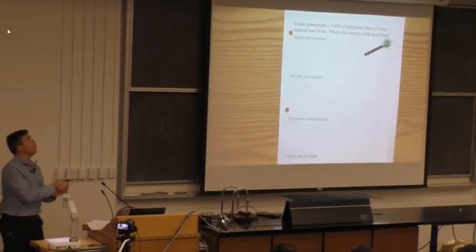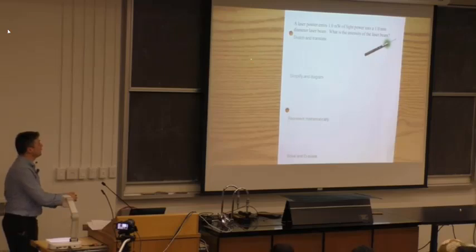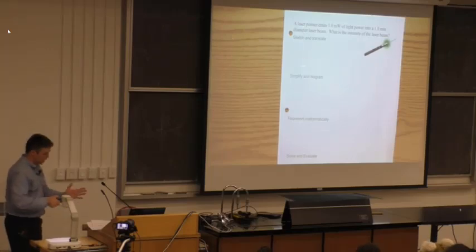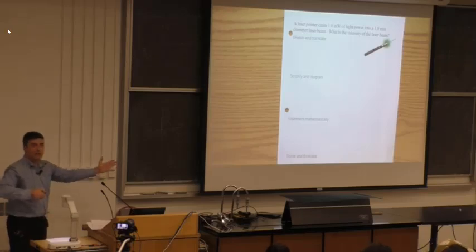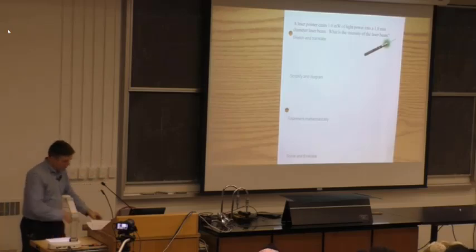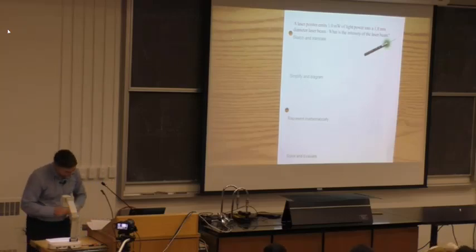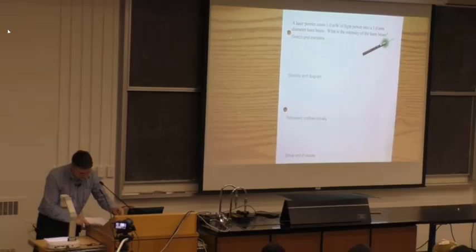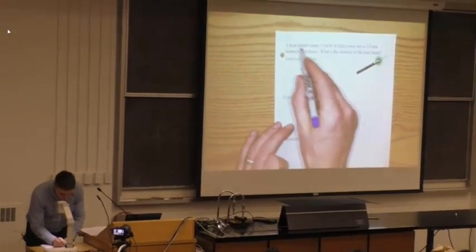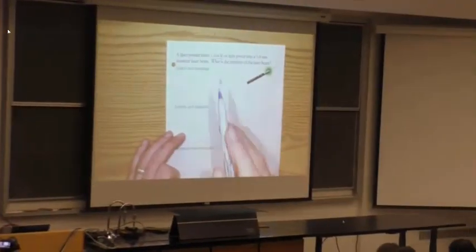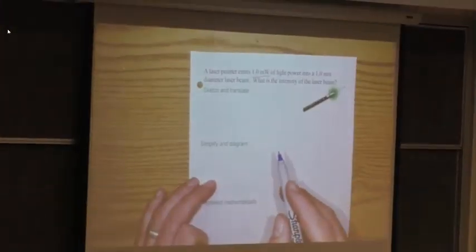So I've got 1 milliwatt of power going into this green beam, and it's creating a dot there. It just looks like a dot, but there's an actual cylindrical beam of light going along. So we can try to calculate the intensity in that cylindrical beam. Let's do that. A laser pointer emits 1.0 milliwatts of light power.